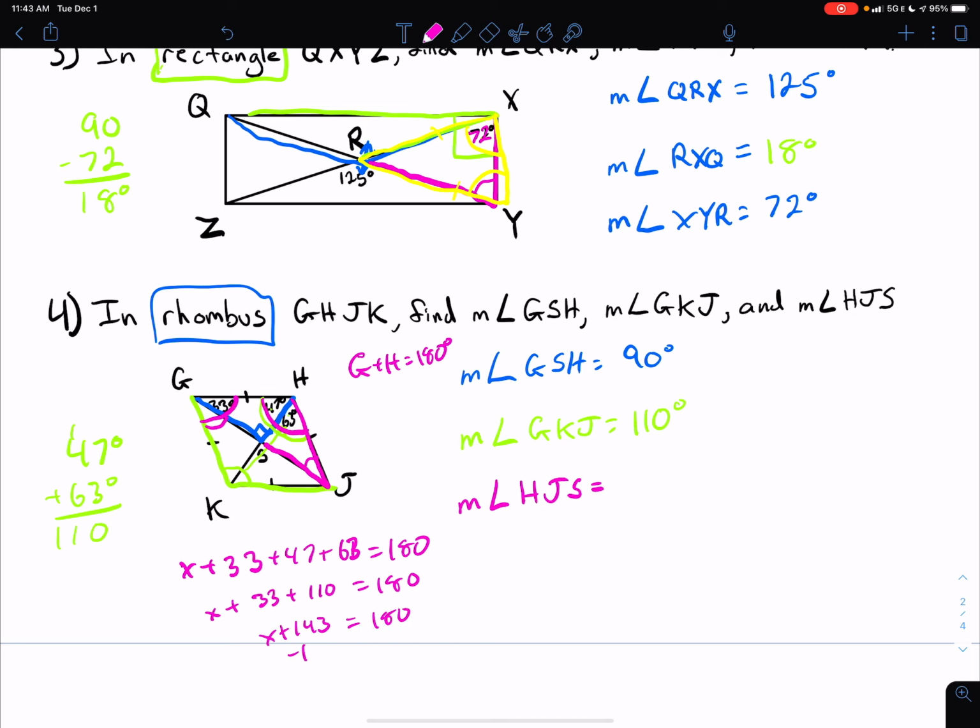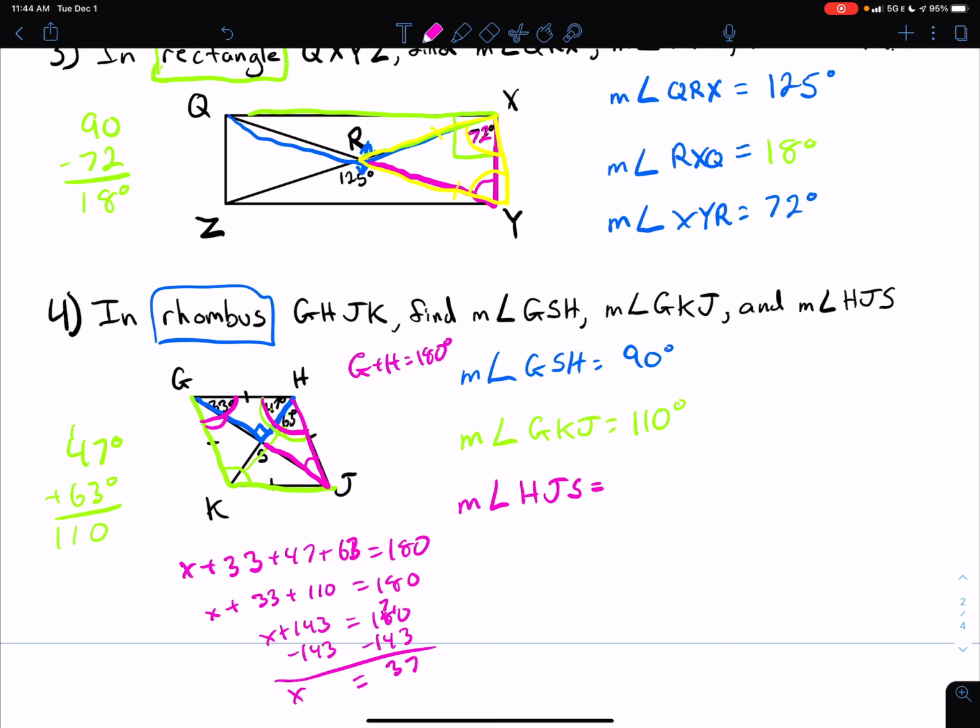And then I'm going to subtract 143 from both sides. And I'm left with x equals 37 degrees.